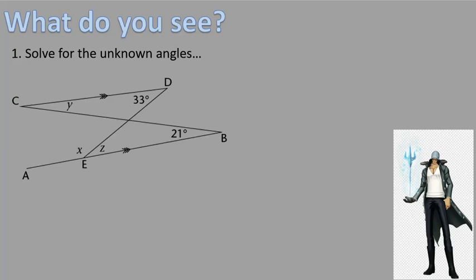So I'm saying here, this angle x and this angle 33 degrees, they have a relationship. What is the relationship, if you ask? This thing here is a C formation using parallel lines, this line being parallel to this line.